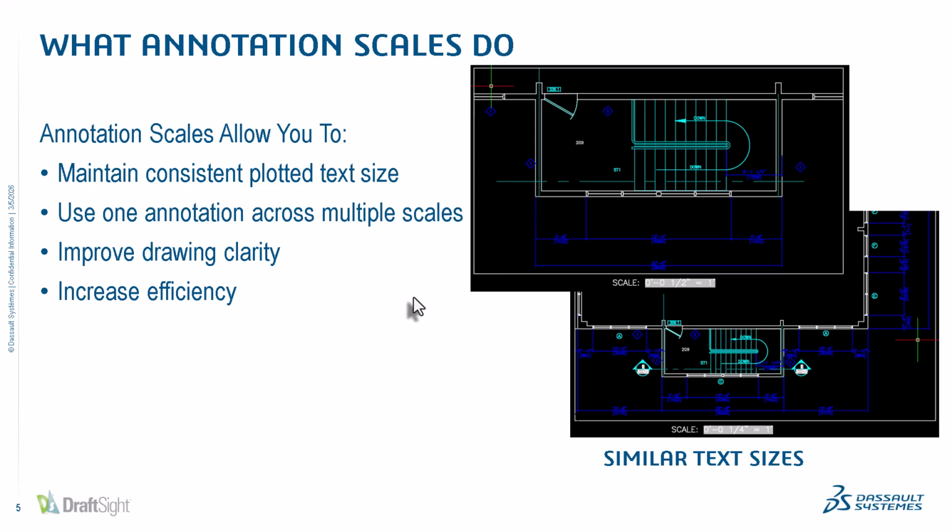If it's a dimension, a text, or a hatch, there's a little checkbox, and when you click it, you go into a viewport and set the scale for that viewport onto the actual object itself. Then once you change the scale of the viewport, the object will disappear from that scale, requiring you to put on the scale of the new viewport size.